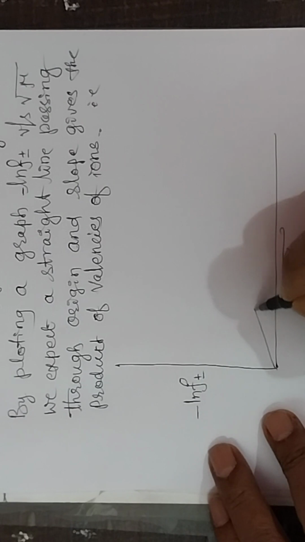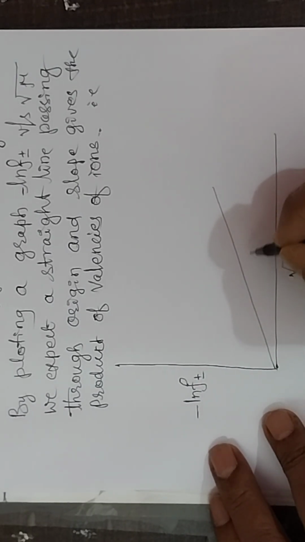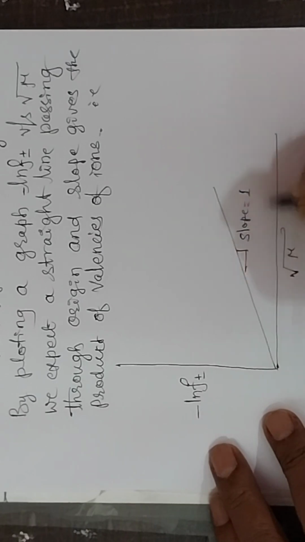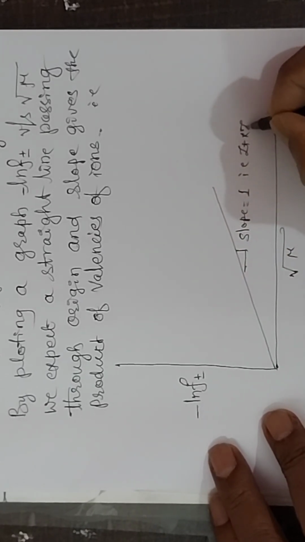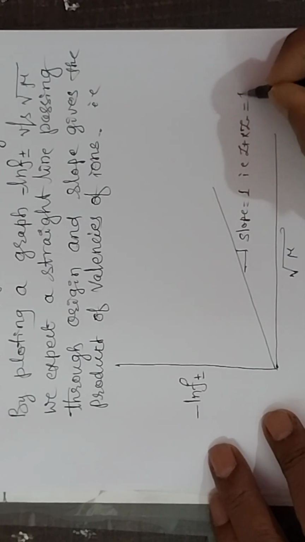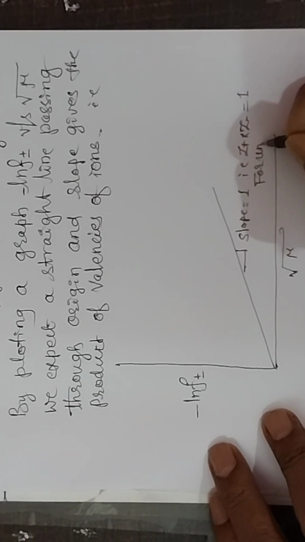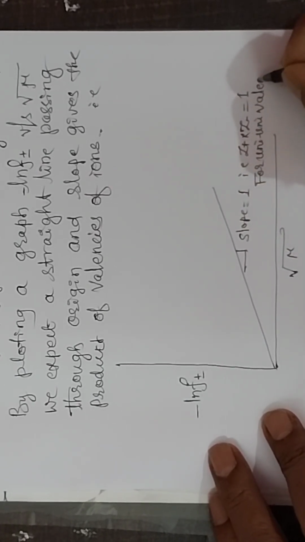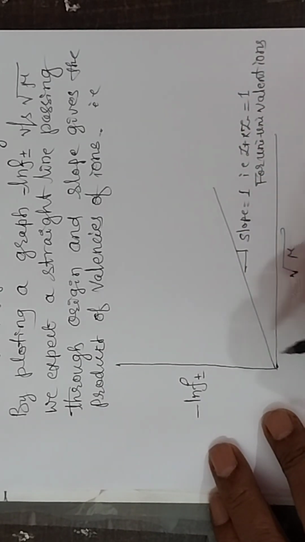Now we get one line like this, that is slope equal to 1, that is z plus into z minus is equal to 1, that is for univalent ions.